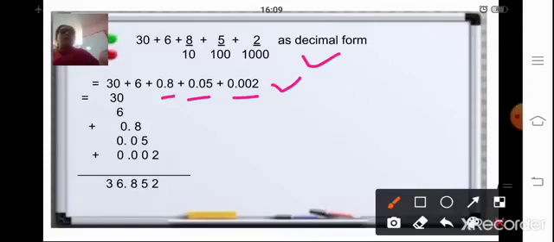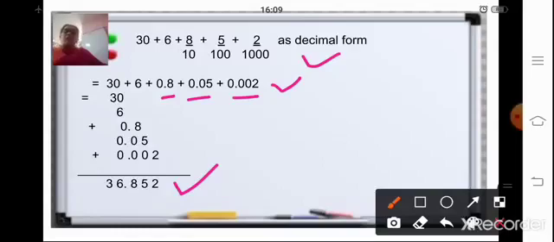You will write the numbers in the correct place and then add it. When you add it, you get the same answer, that is 36.852. Okay. The first method is by writing the numbers in a place value chart, and the second method is to write the numbers in expanded form first and then add all the numbers. But when adding the numbers, you have to keep in mind that you are writing the numbers in the correct place.